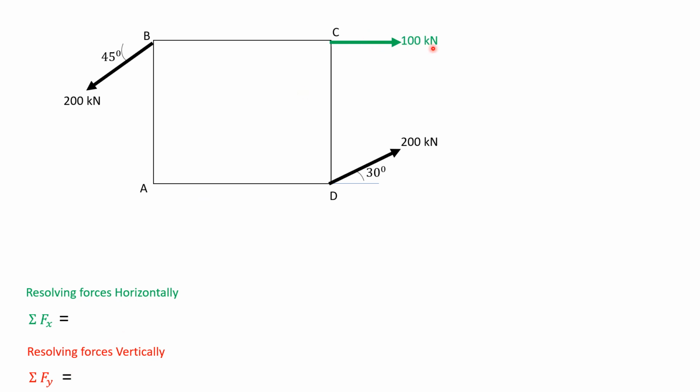Resolving this 100 kN force horizontally, it is directed to positive x-axis, so plus 100 kN. Resolving this 200 kN force horizontally, it will be 200 cos 45 degrees directed to negative x-axis, so minus 200 cos 45 degrees.